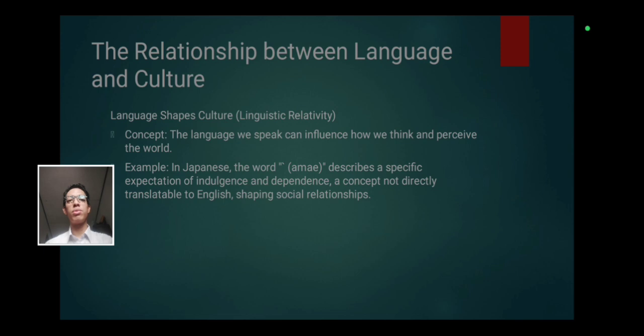Language shapes culture. Concept: the language we speak can influence how we think and perceive the world. For example, in Japanese, the word amae describes a specific expectation of indulgence and dependence, a concept not directly translatable to English, shaping social relationships.